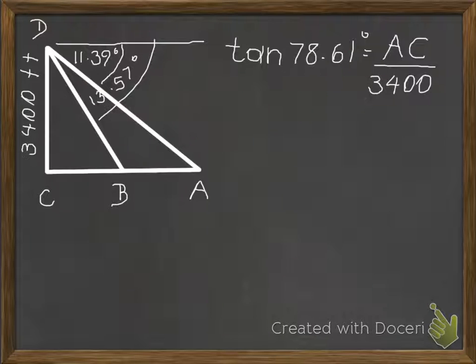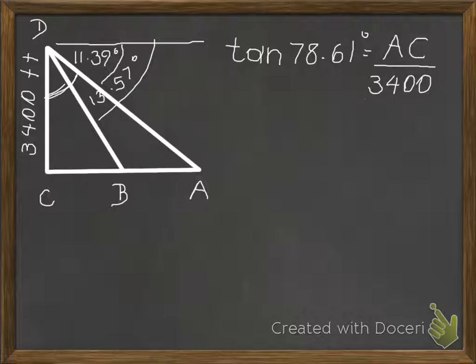Okay, so we have tangent 78.61 degrees, which is angle ADC, that's this angle here, is equal to the length AC, which we're trying to find, over 3,400.